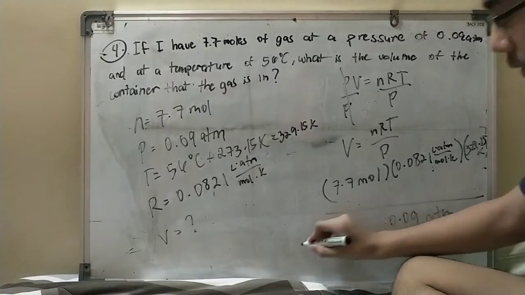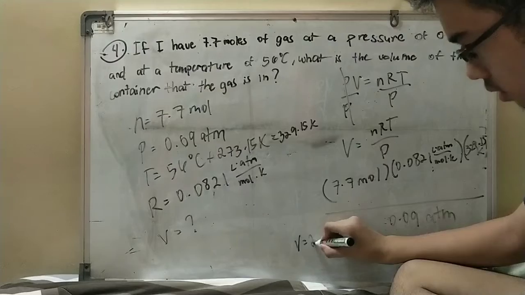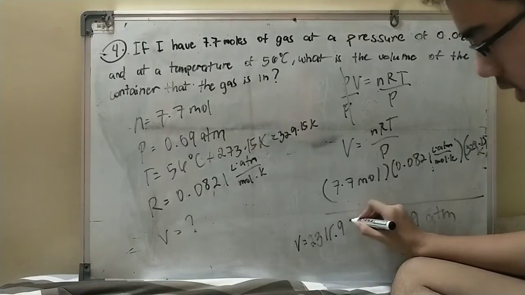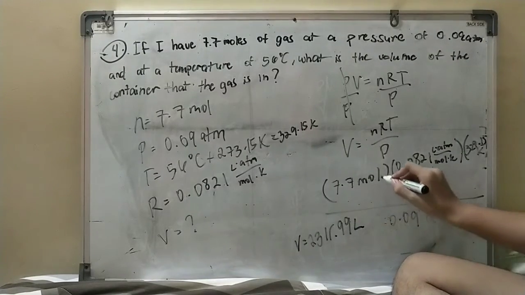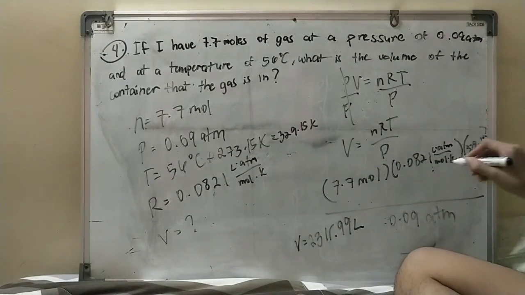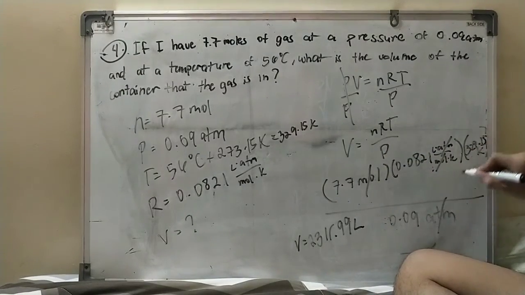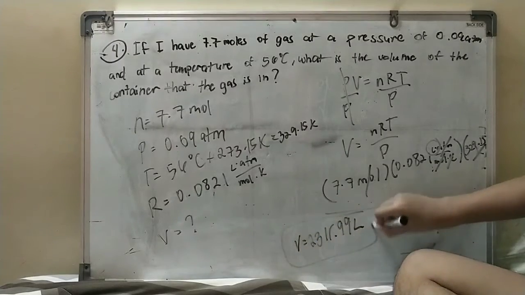So our final volume is 2,311.99 liters. Oh wait, I forgot that we have to cancel this out first. So moles, atmosphere, Kelvin, leaving us only with liters. So this is our final answer.